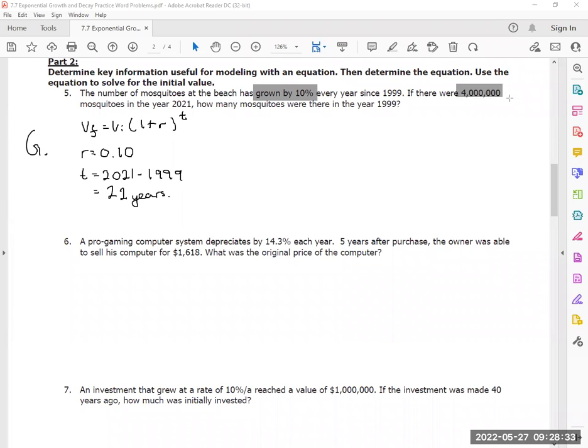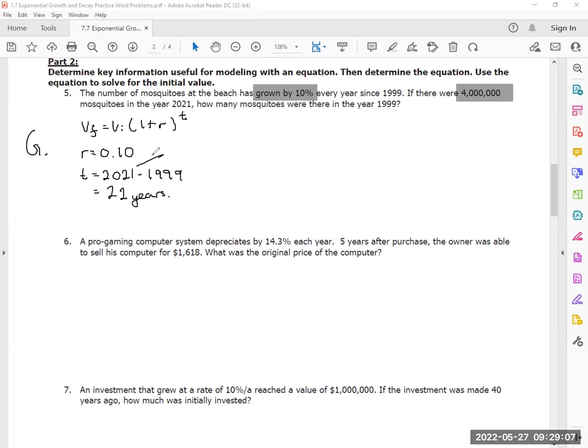Okay, pop quiz. 4 million. Is that the amount we have right now, or in the future, or the amount that we have in the past? Sorry, not my past, but based on 2021 versus 1999. Is it the amount that we have at the end of that period or at the start of that period? Oh, careful. If there were 4 million in. So as in the start of that number.